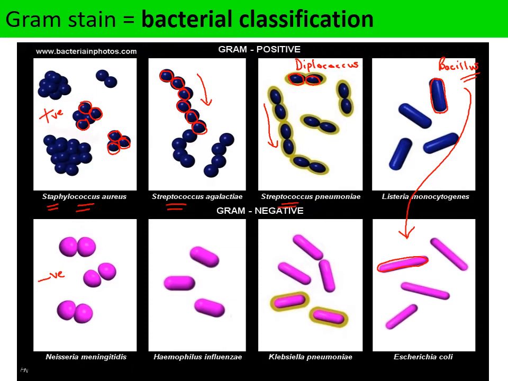So all these bacteria on the top row of pictures that are purple in colour will have a thick peptidoglycan cell wall, and all these gram-negative bacteria on the bottom row of pictures will have a thin layer of peptidoglycan plus an outer lipopolysaccharide membrane that surrounds the thin peptidoglycan layer, and we'll see this on the next slide.